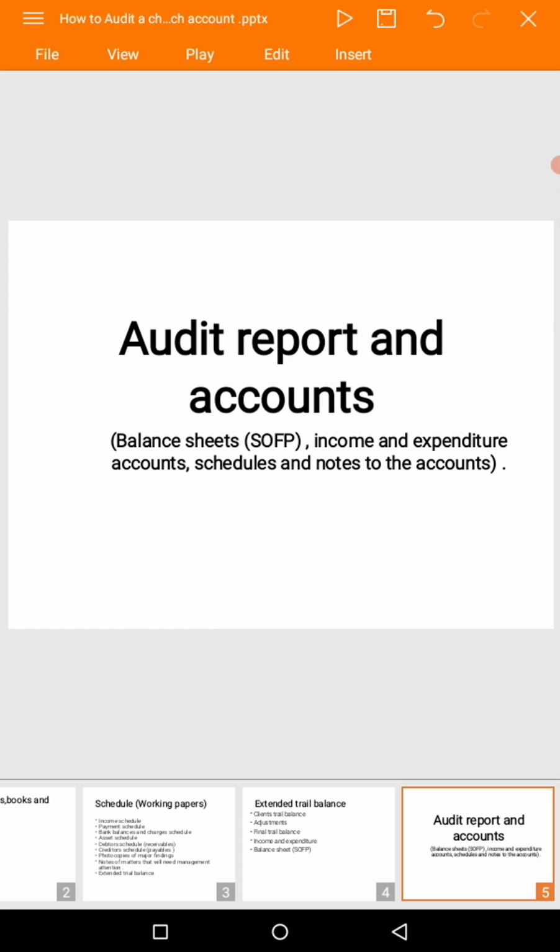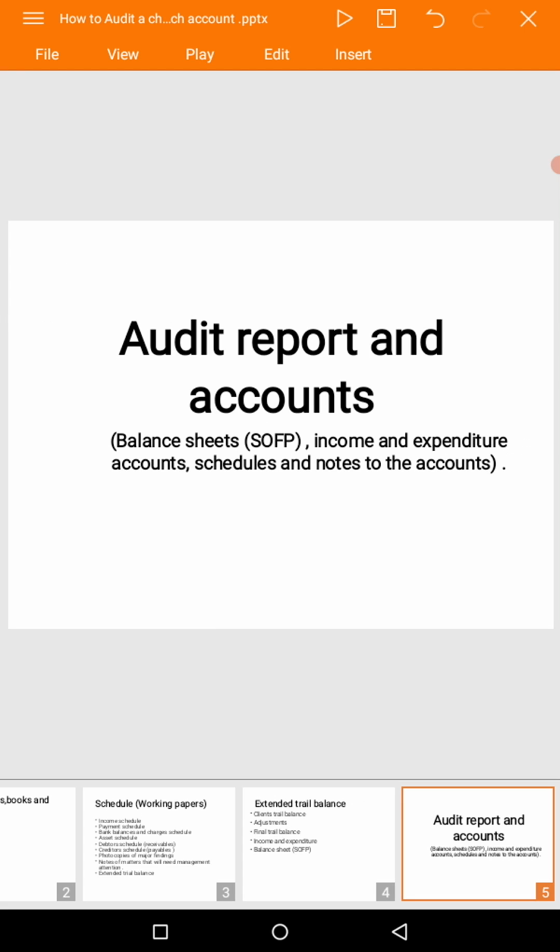That's just the essence of the audit report. It's just to show whether the books are in agreement, what the assertions management gave regarding his account is in agreement with the books he has given me to examine.